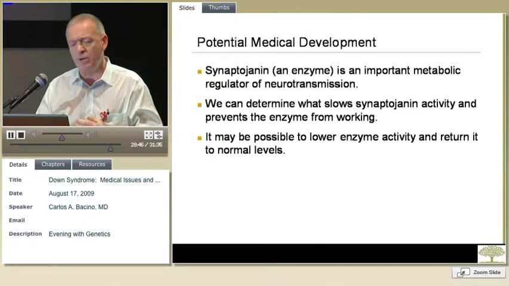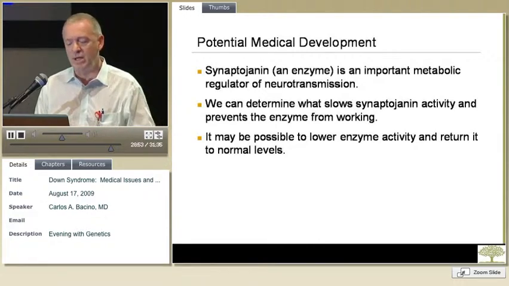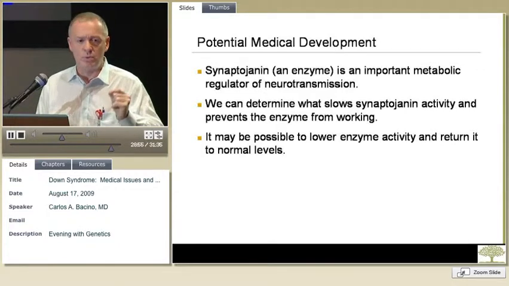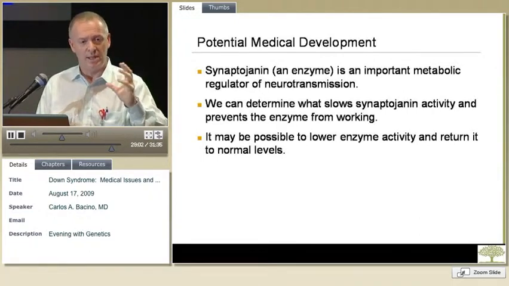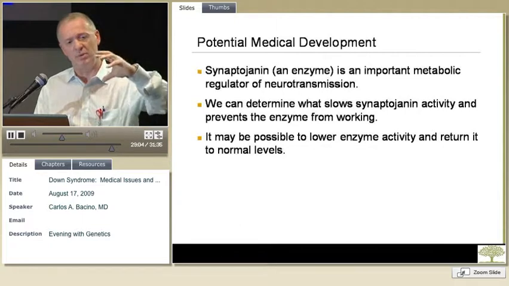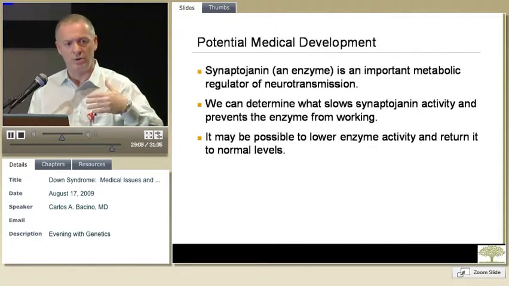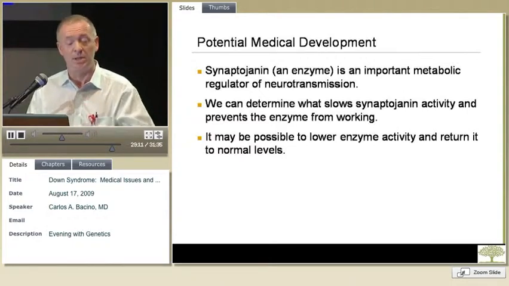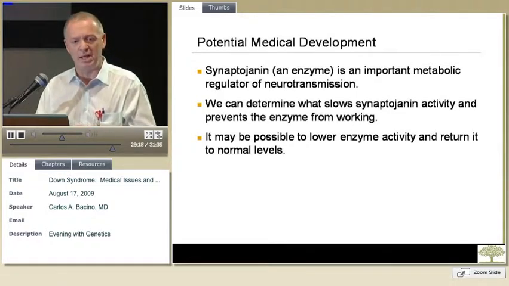So one of the ideas behind it, and some of the treatments that are being looked into, is that if you can reduce the levels of this particular compound, you may be able to allow some of these chemicals to stay more time where they should be, and therefore cause some improvement in some of the symptoms.